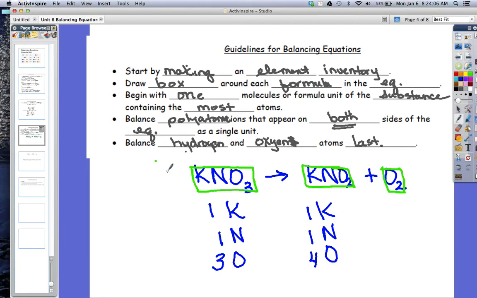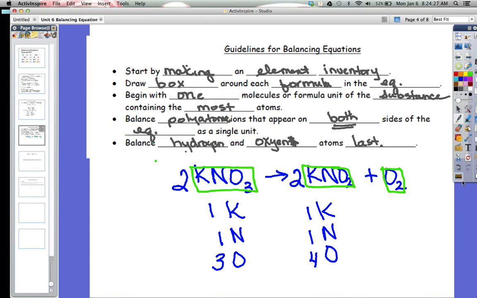So the first number I can put in front of that, if I put a 1, it doesn't help me. But if I put a 2, if I double this number, then this is going to double my K's, and it's going to double my N's, and it's going to double my O's, which is going to affect my K's over here. I would need to put a 2 over here.